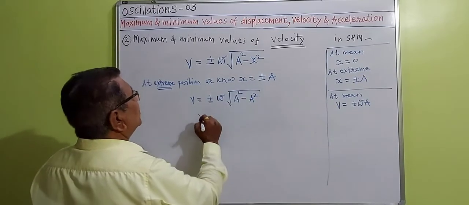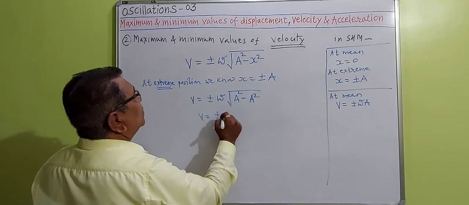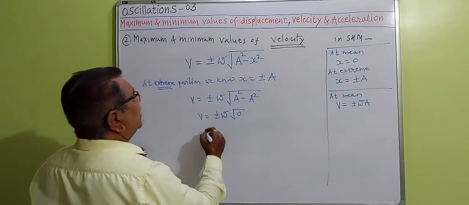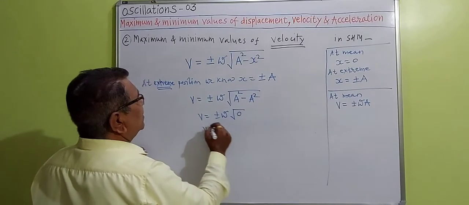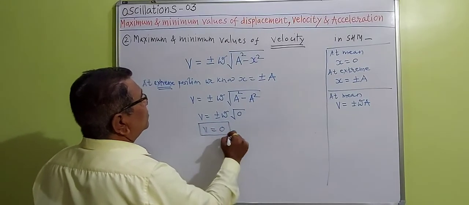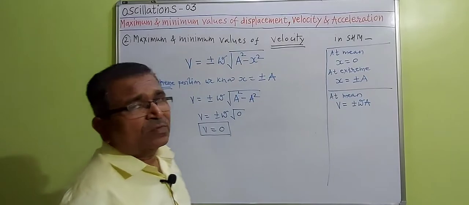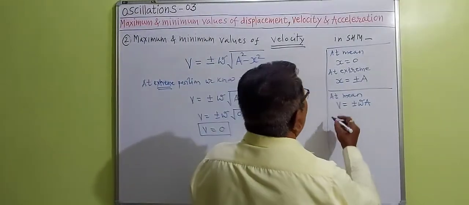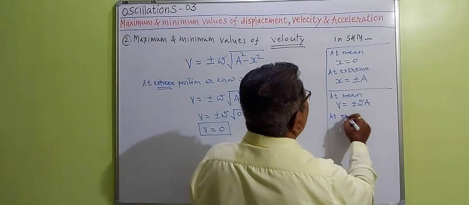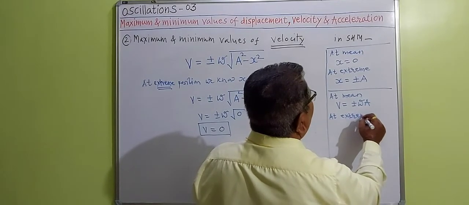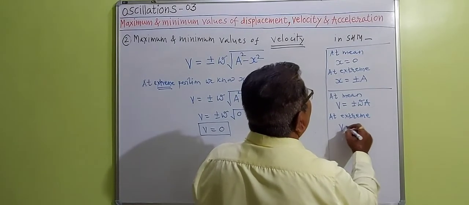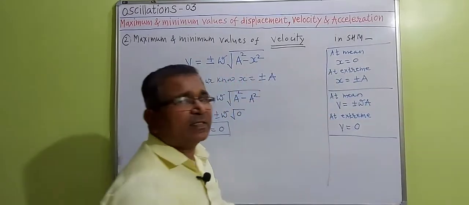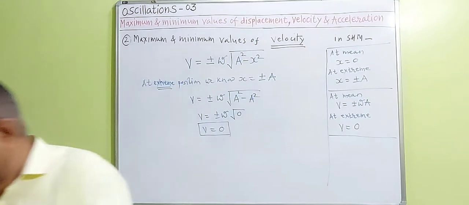So you will get V is equal to plus or minus omega square root of 0, so the value is equal to 0. So velocity at extreme position is equal to 0. I will write here: at extreme, V is equal to 0. So this is all about velocity.